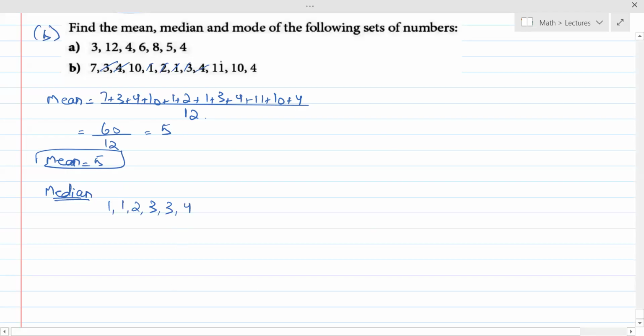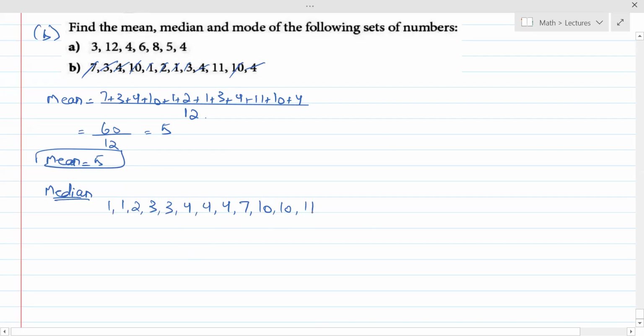And we have 1, 2, 3 different 4s. So 4, 4, and 4. After 4, we have a 7, followed by a 10, and we have 2 10s there, and then 11. We have arranged the data in an order.